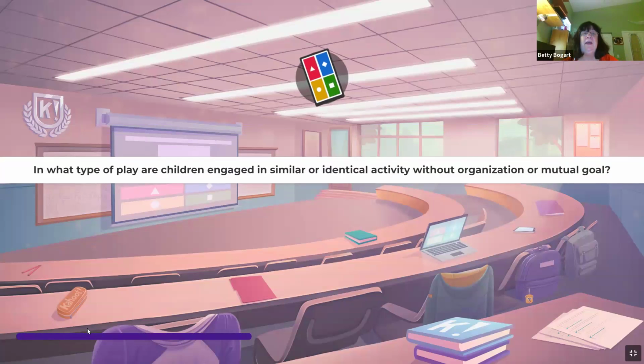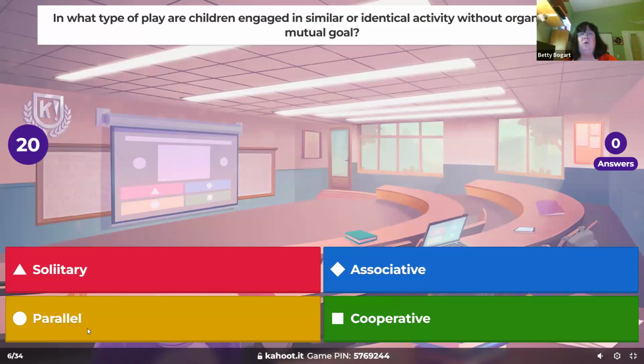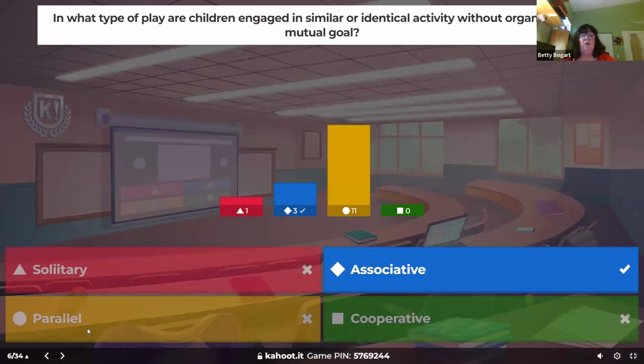In what type of play are children engaged in similar or identical activity without organization or a mutual goal? That means nobody wins. And that's called associative.